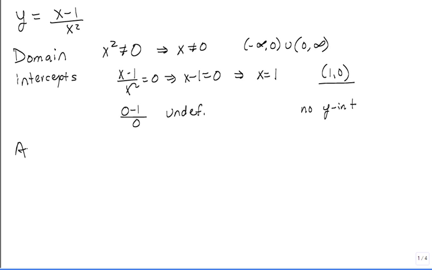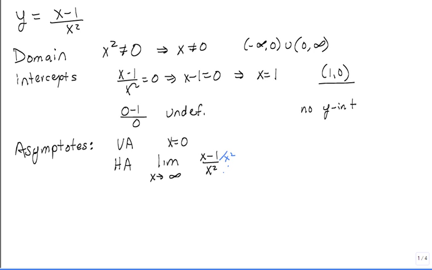Now here I have asymptotes, because it's a rational function. So my vertical asymptote is where my denominator is 0, and my horizontal is when I take the limit as x approaches infinity. I divide everything by x squared.